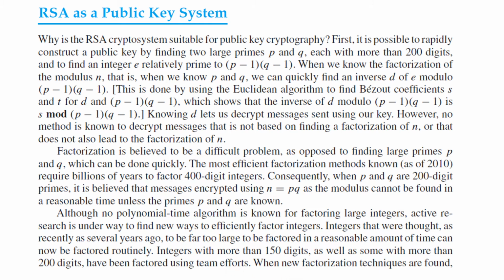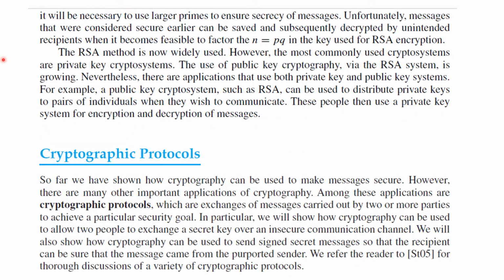When new factorization techniques are found, it will be necessary to use larger and larger primes. Fortunately, there are an infinite number of primes, but unfortunately, that means we have to be very vigilant about the research to make sure we're using big enough primes.